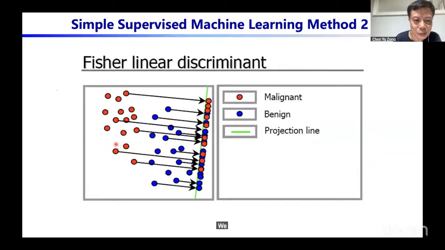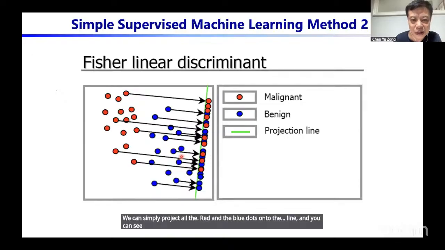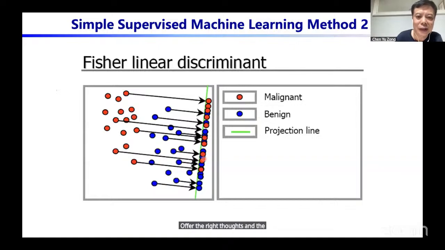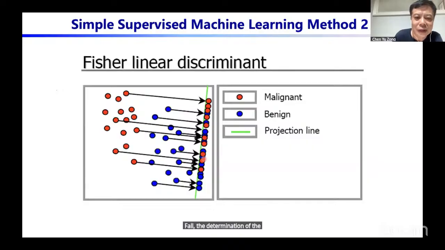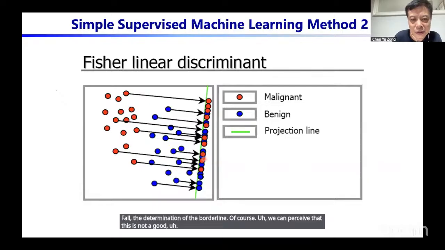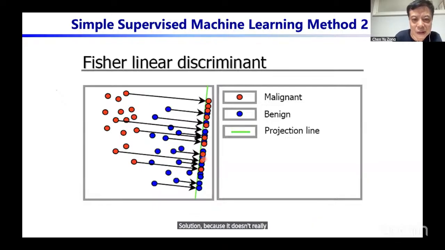We can project all the red and the blue dots onto the line, and you can see the mixed distribution of the red dots and the blue dots. This is one possible solution for the determination of the borderline. Of course, we can perceive that this is not a good solution, because it doesn't really separate the red from the blue. So we need to have another try.